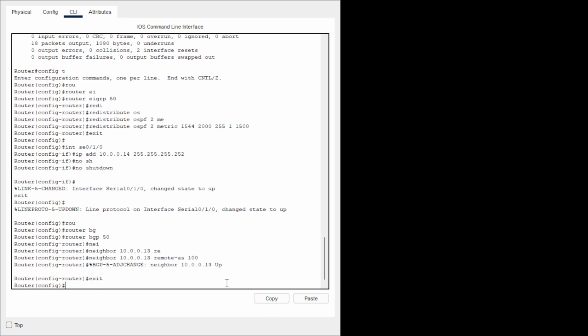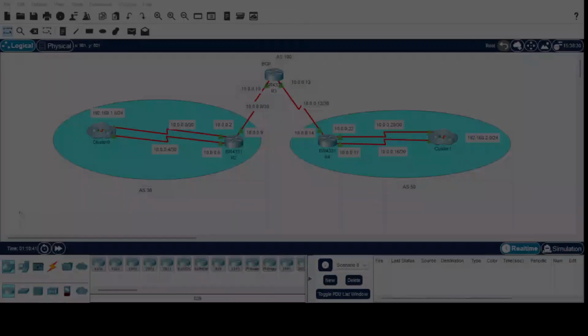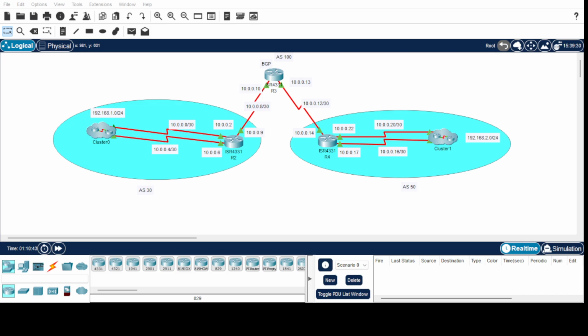Exit. So still at this point, the two clusters can't communicate with one another because BGP is unknown to the internal routing protocol going on inside, and the internal routing protocol also has no idea about the BGP routing protocol. So at the edge router we have to let them know each other.